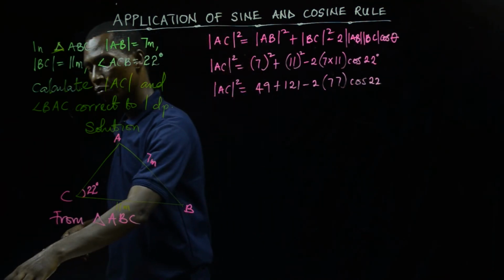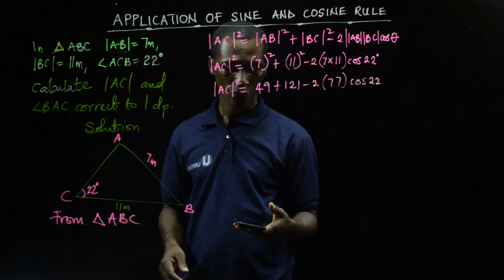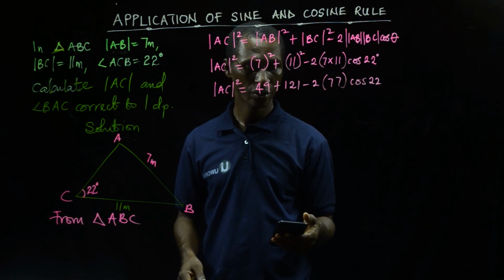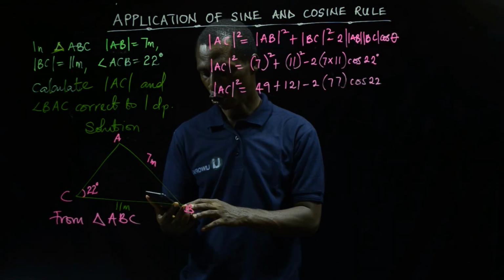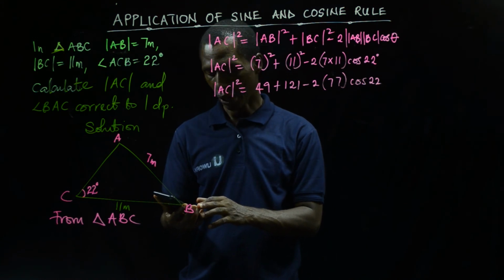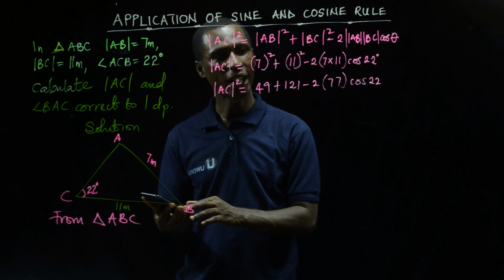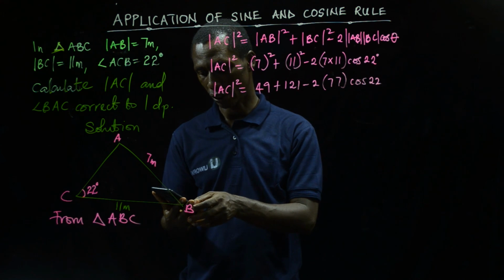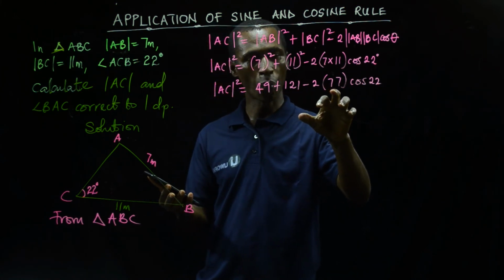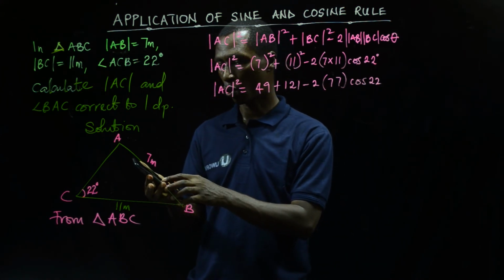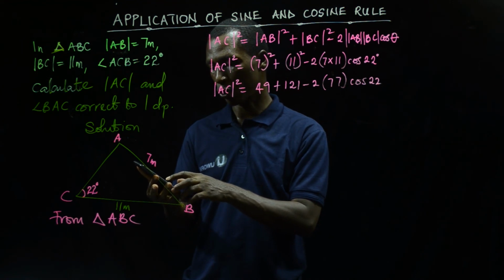On the calculator, you enter 49 plus 121, then minus, open a bracket, 2, open a bracket, 7, close the bracket, then cos, open bracket, 22, close the bracket.